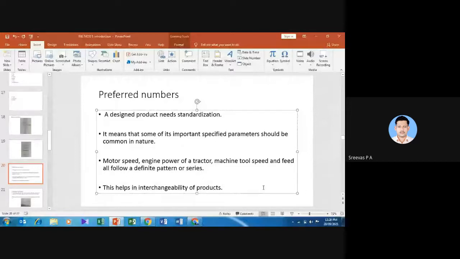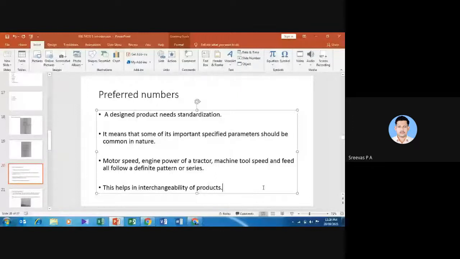Right. If we manufacture an M30 bolt, don't we need a nut and washer of conforming size for it? Yes, sir. Yes. So for that purpose, we introduce the concept of standardization, or in technical terms, standardization leads to interchangeability.